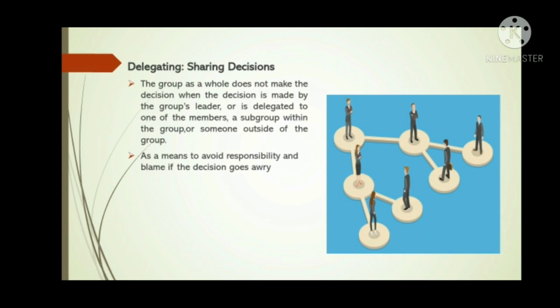Delegating, sharing decisions. The group as a whole does not make the decision when the decision is made by the group's leader or is delegated to one of the members, a subgroup within the group, or someone outside of the group. Under an authority scheme, the leader, president, or other individual makes the final decision with or without input from the group members.